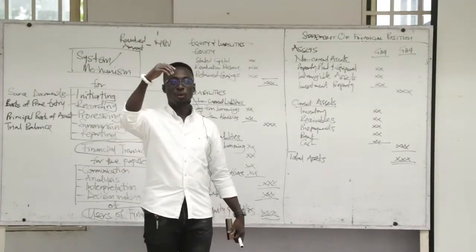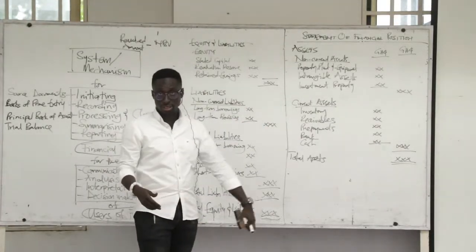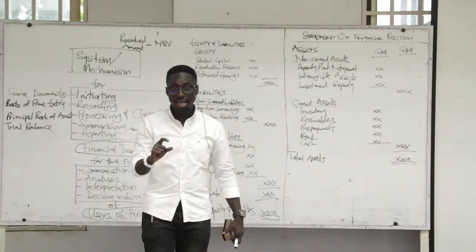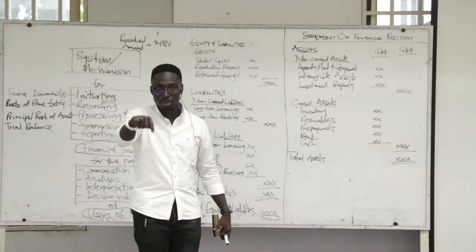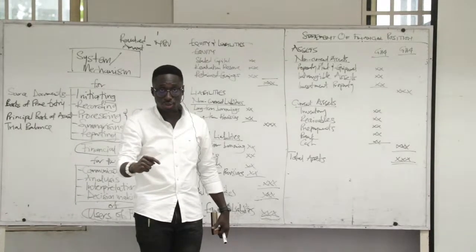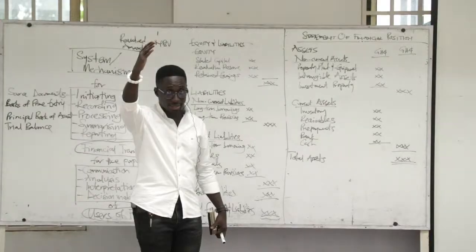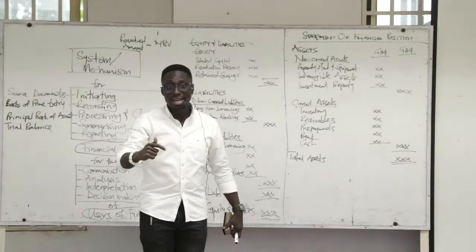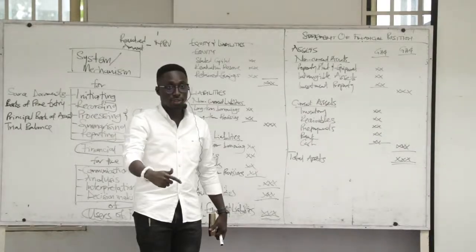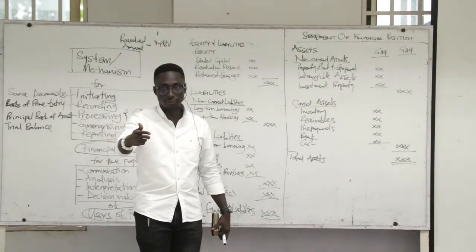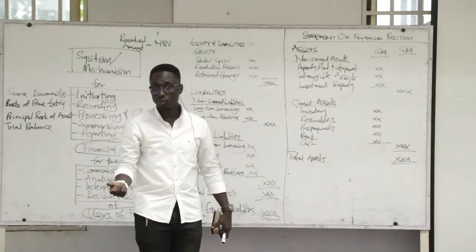What that means is, for each year, you have to be paying 20,000. At the end of the period that we are reporting, we are preparing our statement of financial position. 20,000 of the 100,000 will become due within the next what? 12 months. Do we remember that? When we're talking about current and non-current liabilities, what did we say?